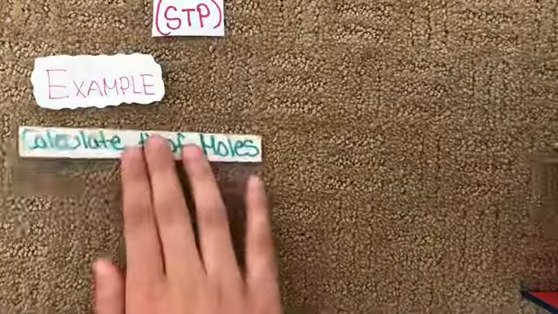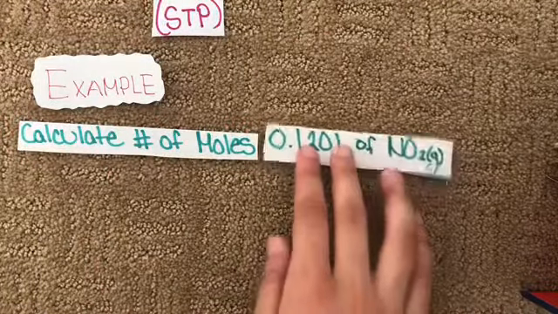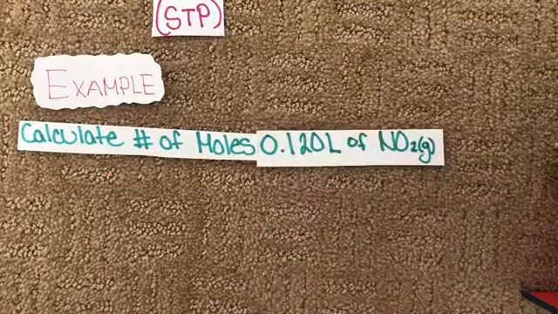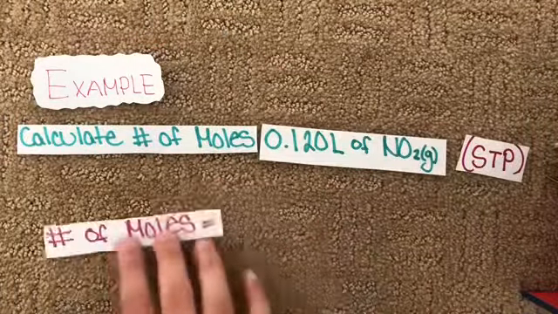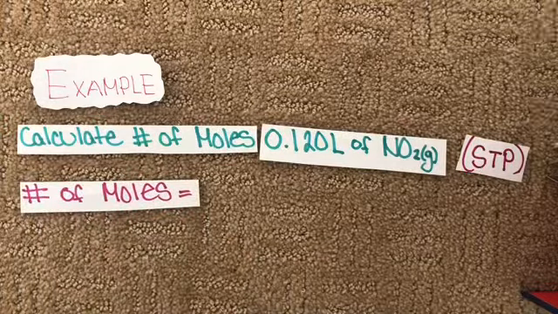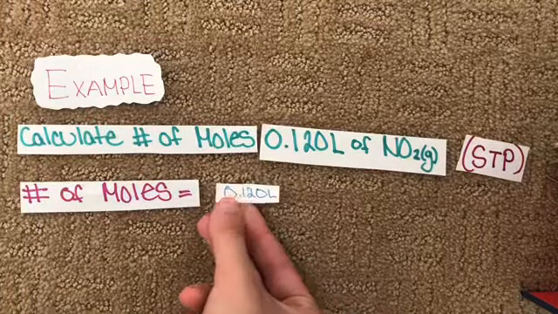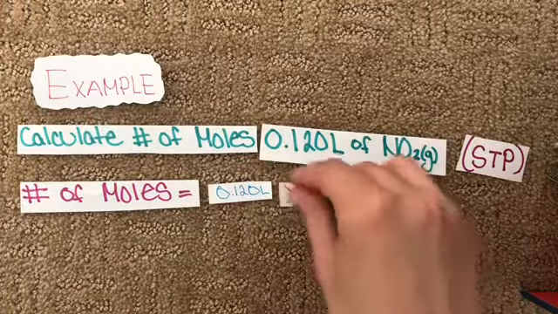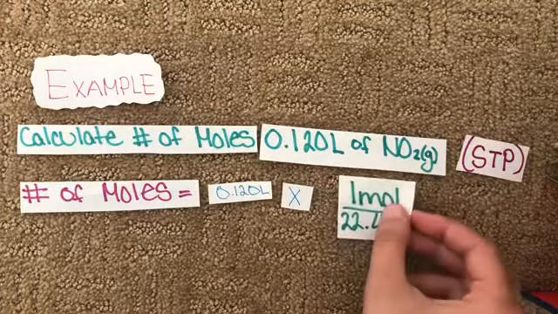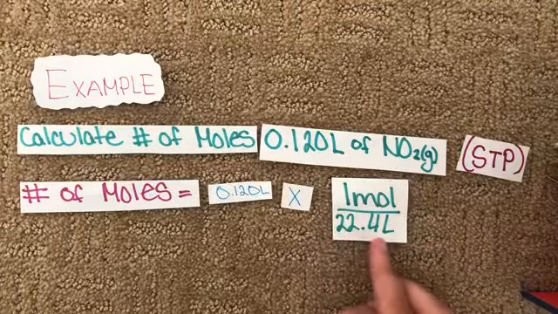So let's try to calculate the number of moles of 0.120 liters of NO2 gas at STP. So let's start off by writing number of moles equals 0.120 liters, as you can see right up here, times 1 mole over 22.4 liters.